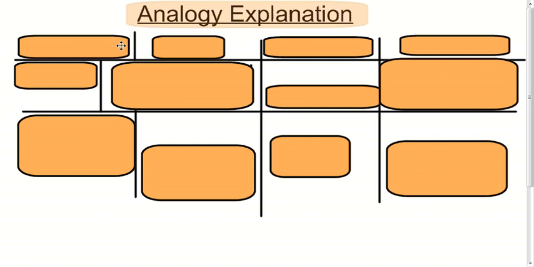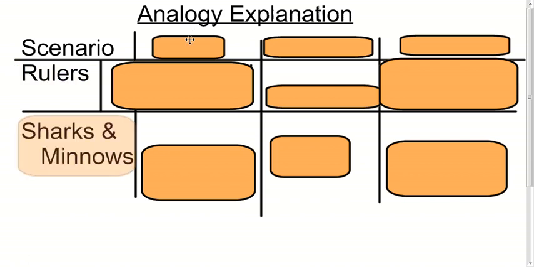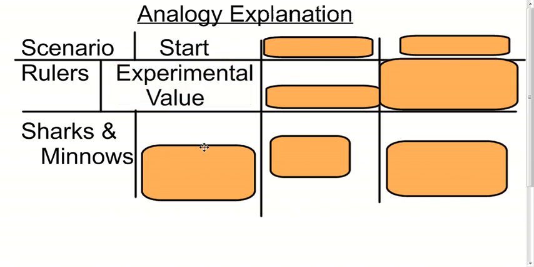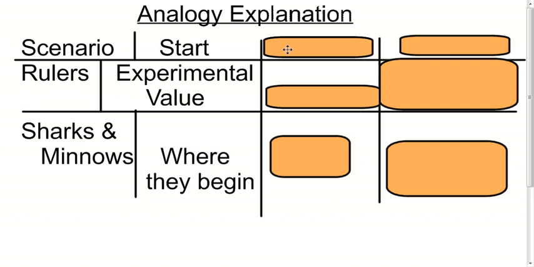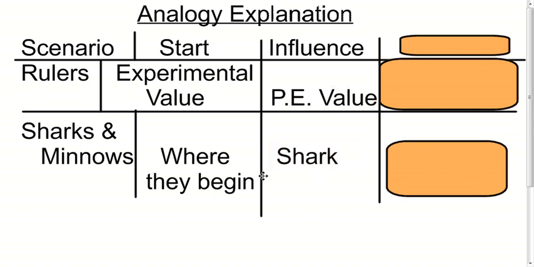Now here's just an explanation of this all. We have our scenario, we had our rulers, and we had our game. The start of these is our experimental value, and in the game it's where they begin. And the influence on these things, in the rulers it's the percent error value, and in the Sharks and Minnows, whoever is the shark: the ant, Crazy Hair, and the baby Cyclops.